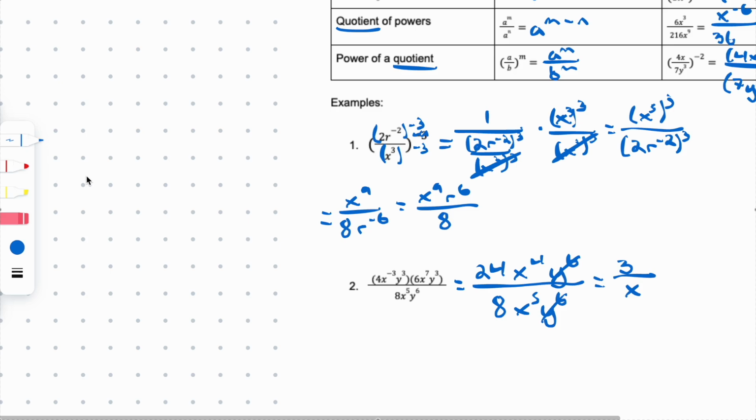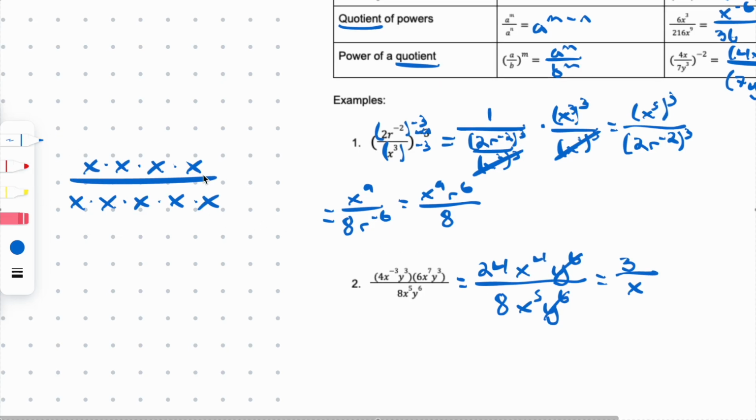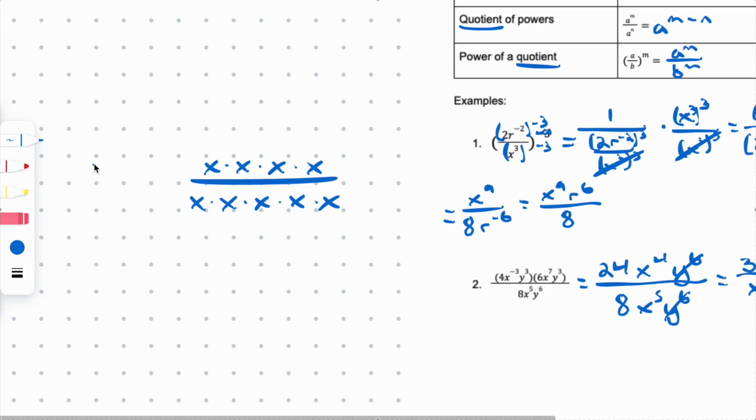Let me do this. X to the 4th is just x times x times x times x. Maybe I'm over explaining this, but I just want to make sure I don't skip over and assume anything. This is essentially equal to this, just written out longhand.